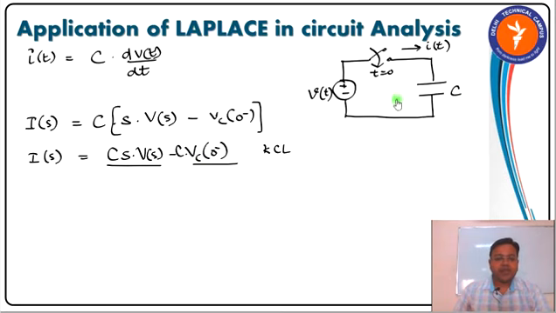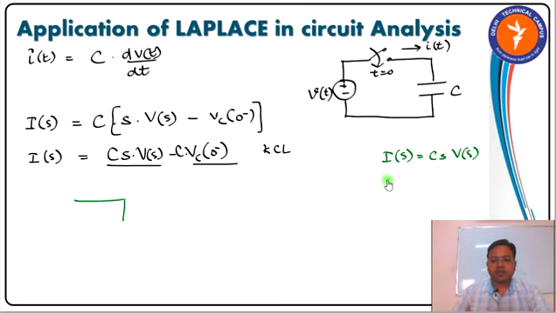So this capacitor can be drawn equivalently as a parallel combination of an impedance whose value is 1 by Cs. See, the relation is, I need to write it here, that I of S is equal to Cs V of S here.